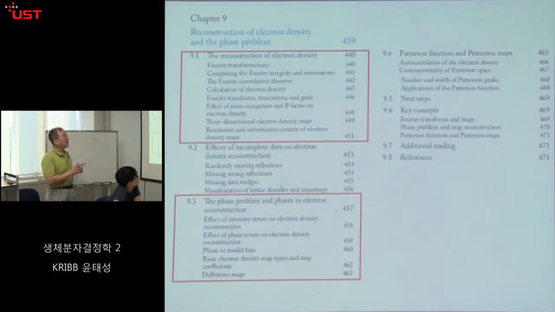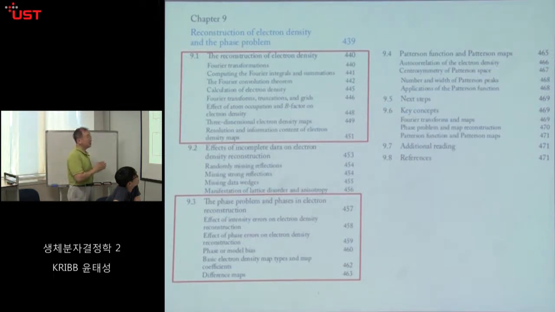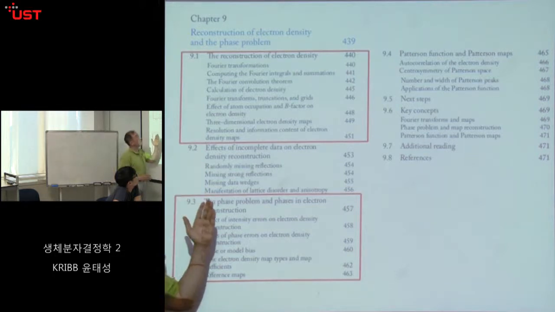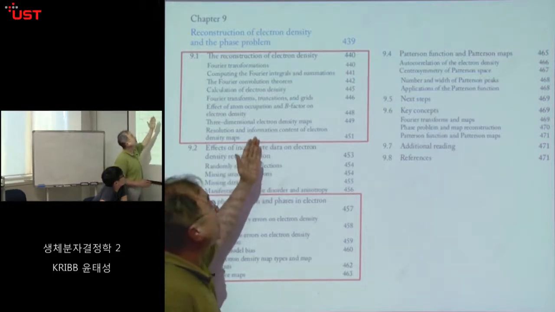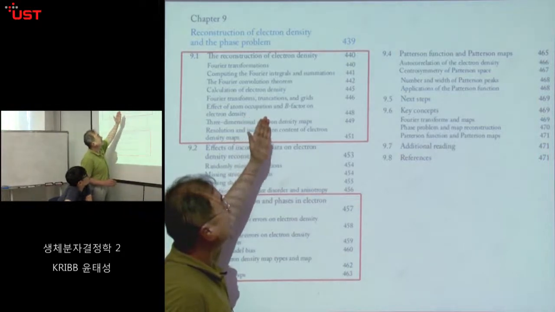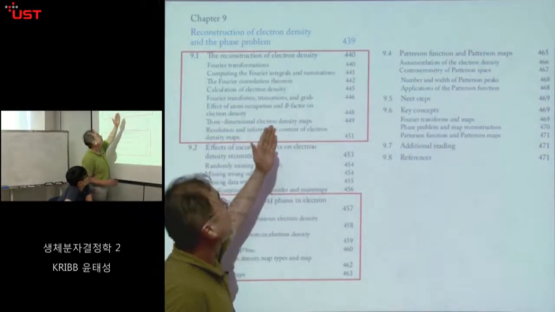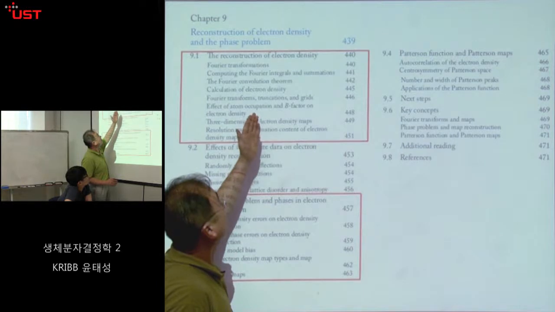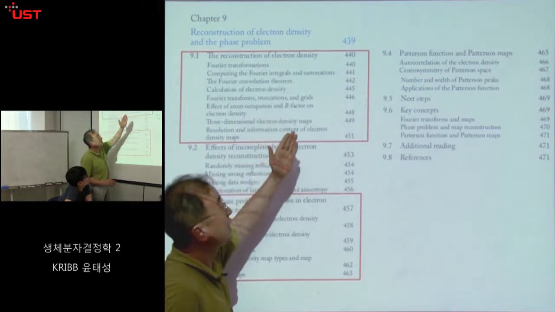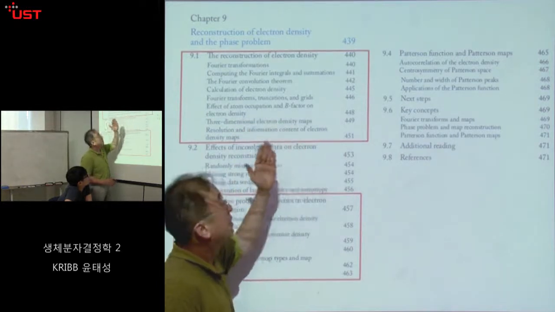So, Patterson function in crystallography is related to electron density function. I will not explain Patterson's function today, but as a scientist, I'm asking you to develop some analogy between electron density and Patterson. If you apply the del operator to the electron density function, then we have the Patterson function.